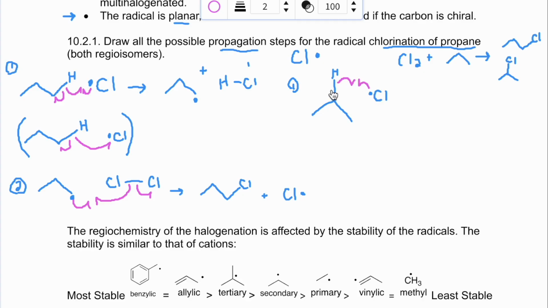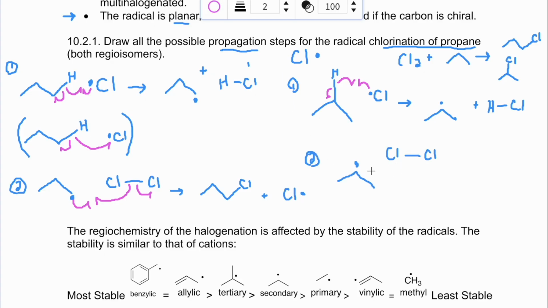So now this is the sigma bond that is being attacked. One of the electrons in the bond is going to go and make a hydrogen-chlorine bond. The other is going to go onto the carbon. Here is your result, a new hydrogen-chlorine bond, and then a reactive carbon radical in the middle of the chain here.